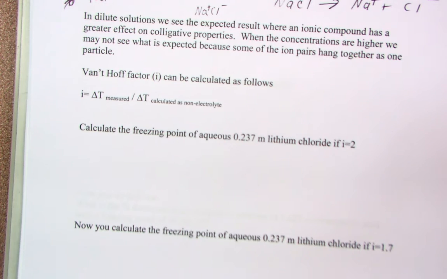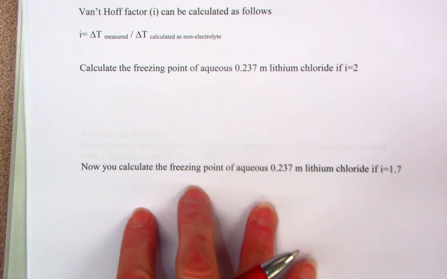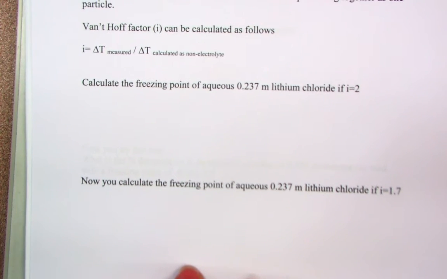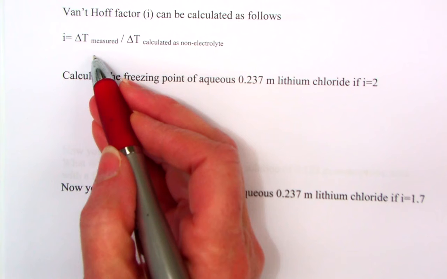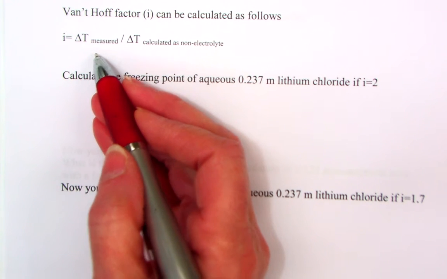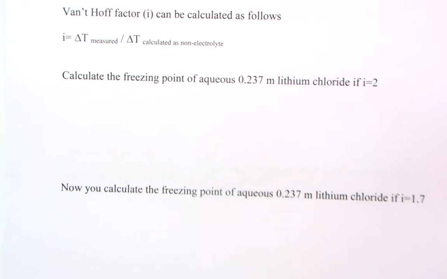Now, the Van't Hoff factor can be calculated from experimental data. So we look at the Van't Hoff factor i, and we can calculate it: i is equal to the change in temperature that's measured in the lab divided by the change in temperature that's calculated, assuming that it is a non-electrolyte, that it does not break apart into pieces.